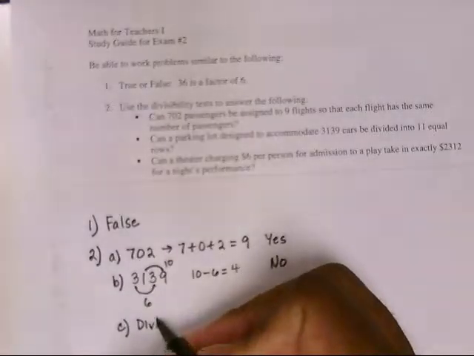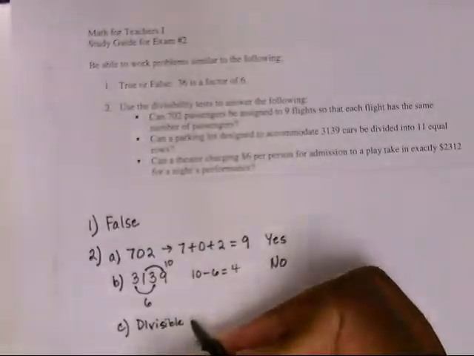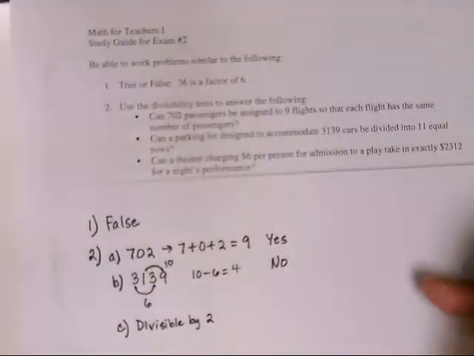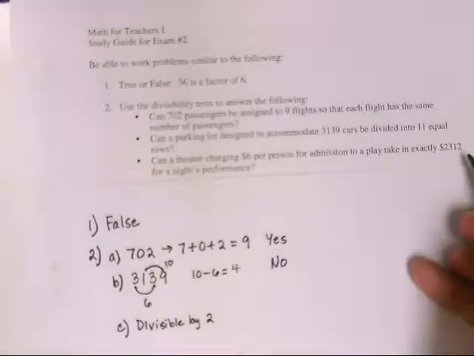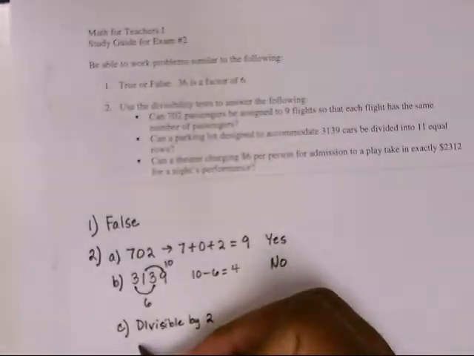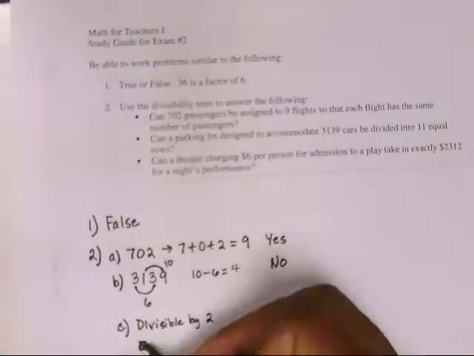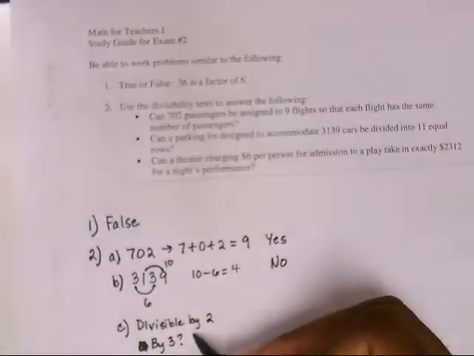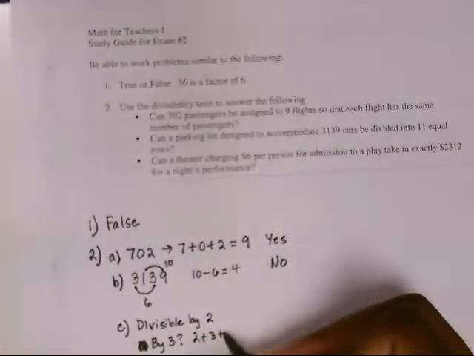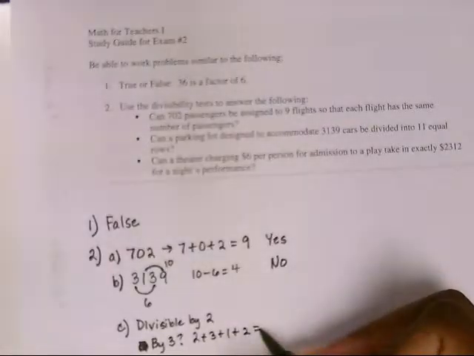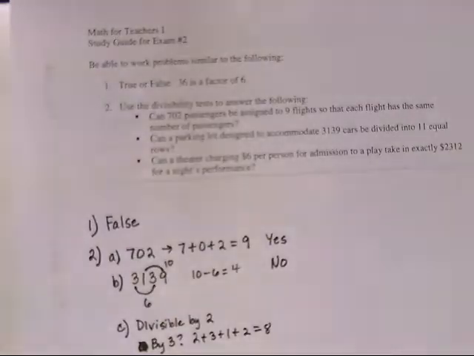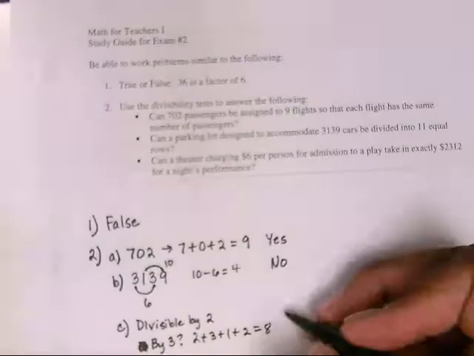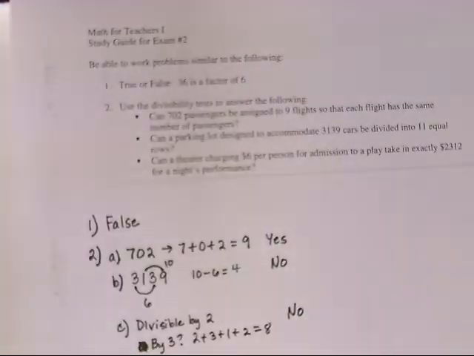Well, it is divisible by 2 because the last digit in that number is a 2. But what about by 3? In this case, we have to take the sum of 2, 3, 1, and 2. And that's going to give you 8. And 8 is not divisible by 3. So here, the answer will be no, because it's not divisible by 6.